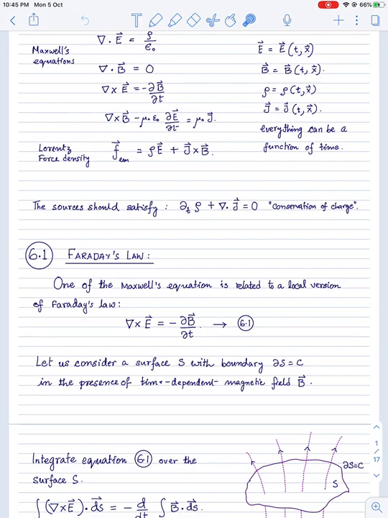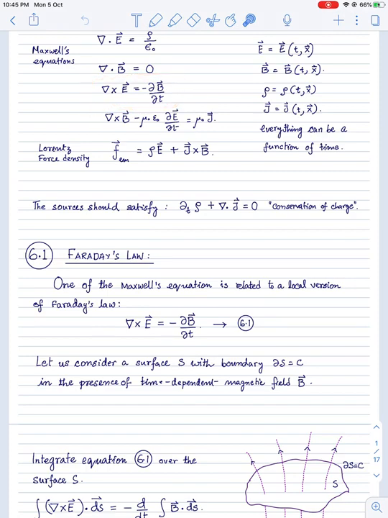So with those introductory statements in place, let us today look at just one of these equations, this curl of E equation. Sometimes people also refer to this curl of E equation as, quote unquote, Faraday's law, and we'll see how much of Faraday's law has got to do with this equation, and how much of Faraday's law is different from this equation.